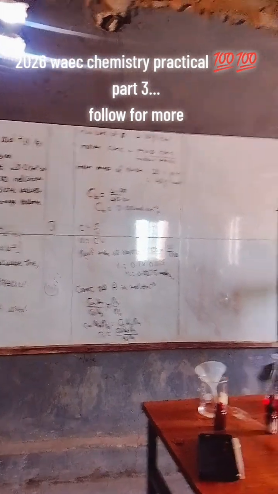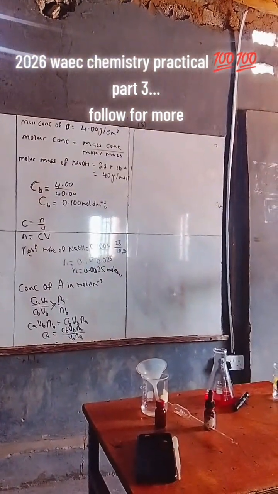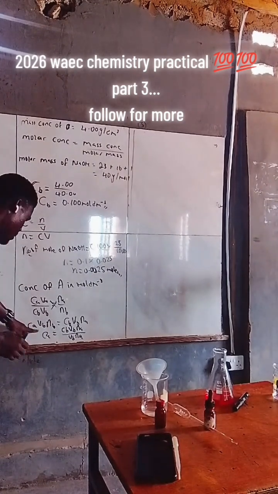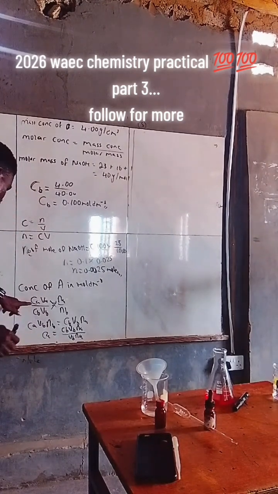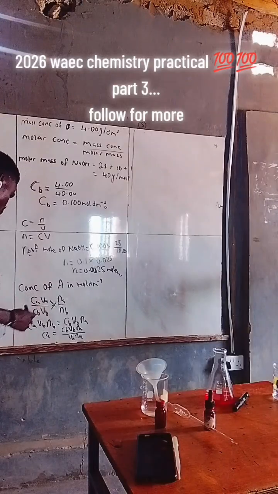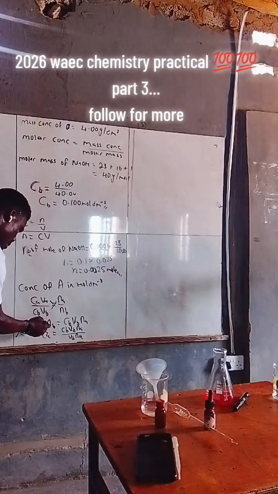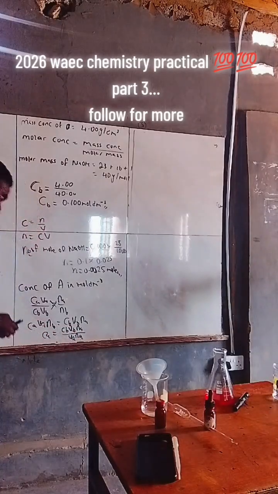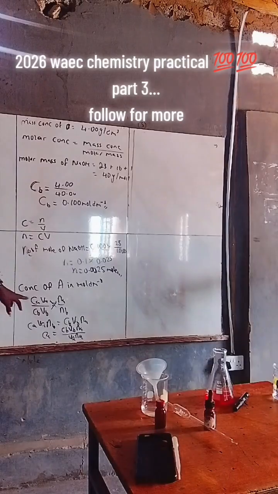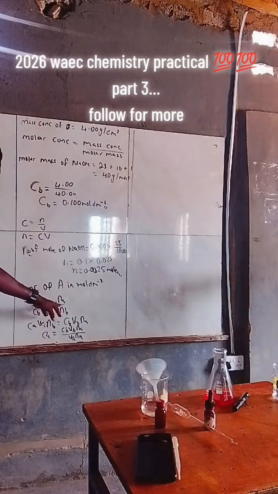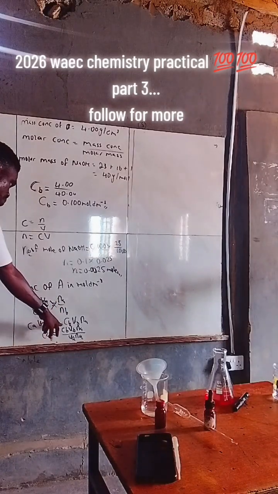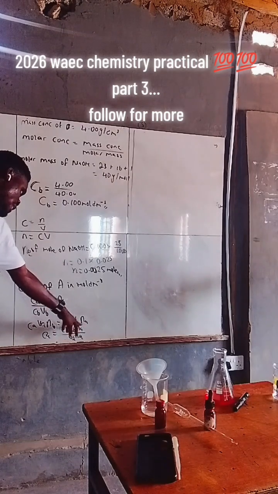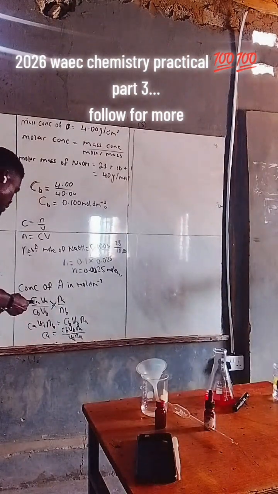So CaVa times Nb equals CbVb times Na, then divided by Va Nb.